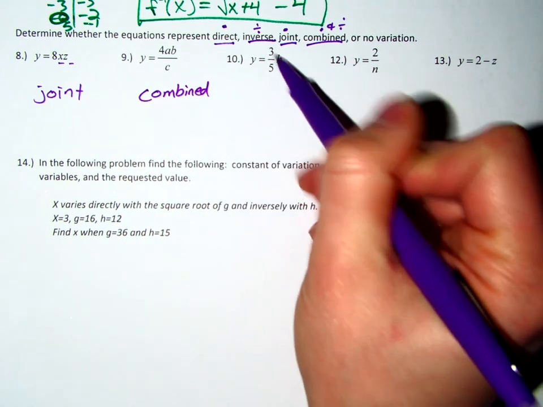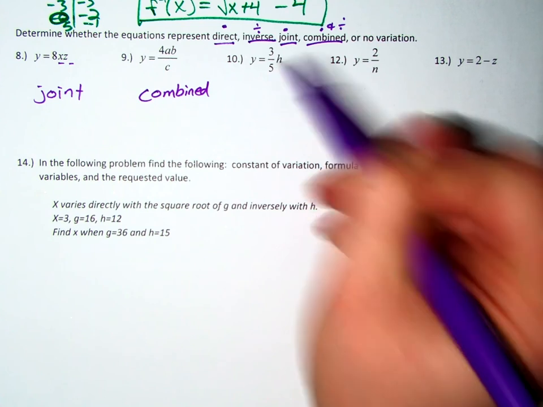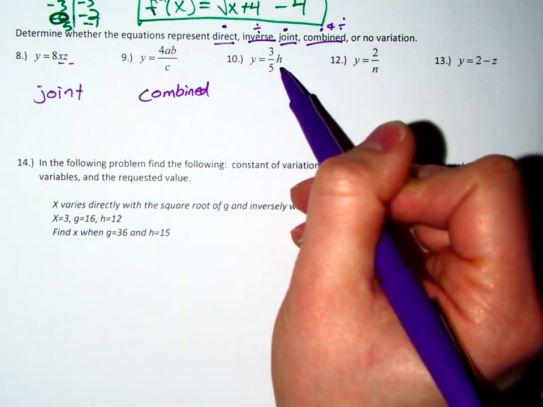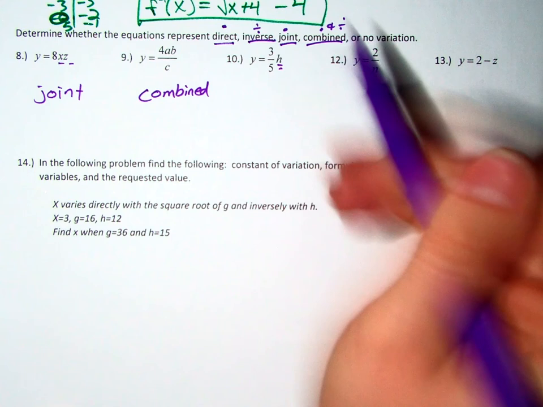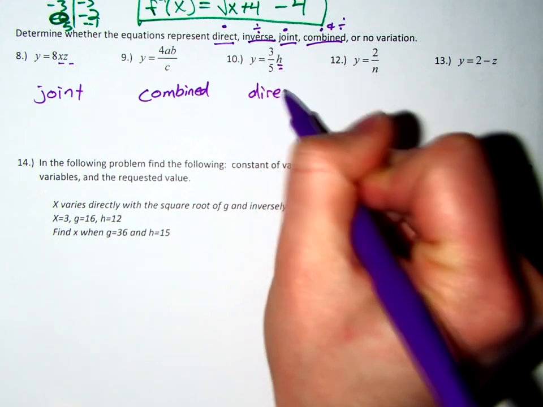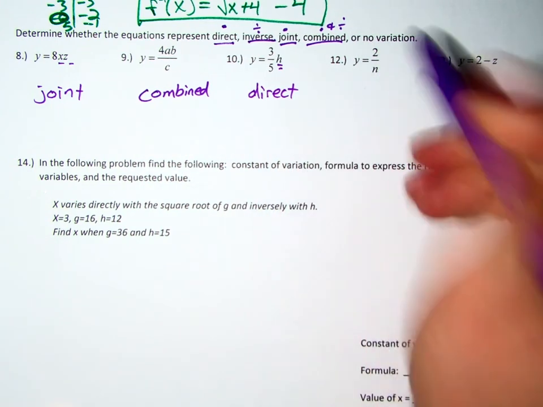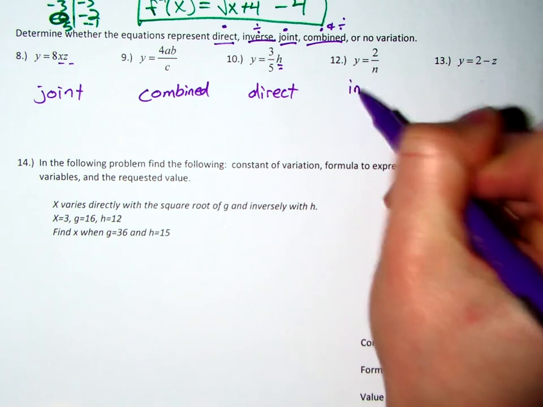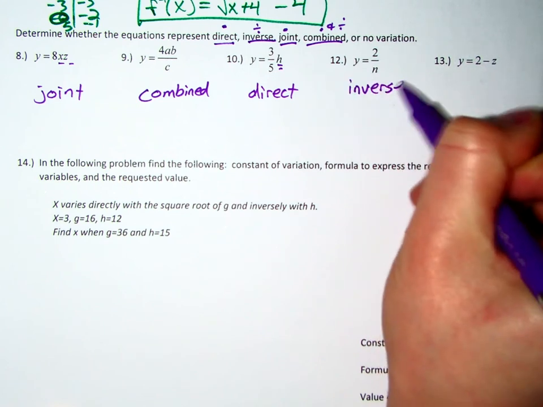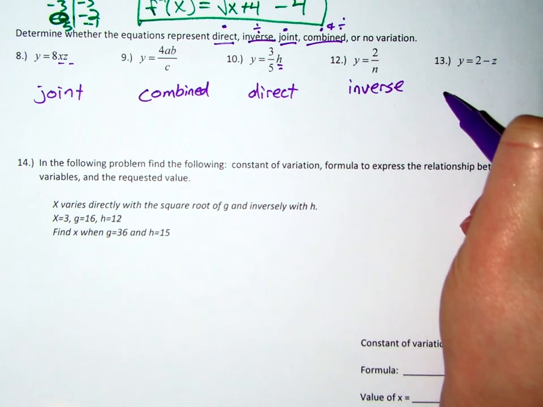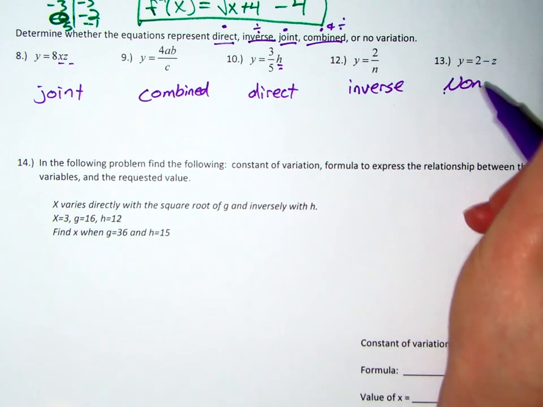This one looks like there's division because it's 3/5, but remember, I'm really just taking a number, 3/5, and multiplying it by h, which is just 1, so that makes it direct because we're multiplying with 1. Here, we're doing division with just 1, which makes it inverse. And lastly, this one, there's no multiplication, there's no division, it's just subtractive, so this one is none.